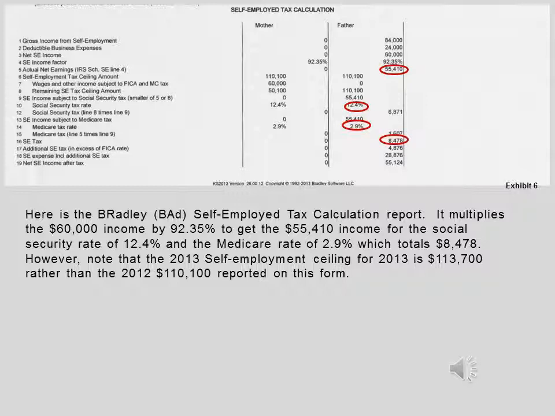However, note that the 2013 self-employment ceiling is $113,700 rather than the 2012 $110,100 reported on this form.